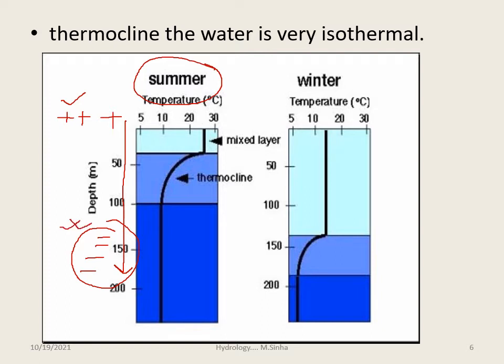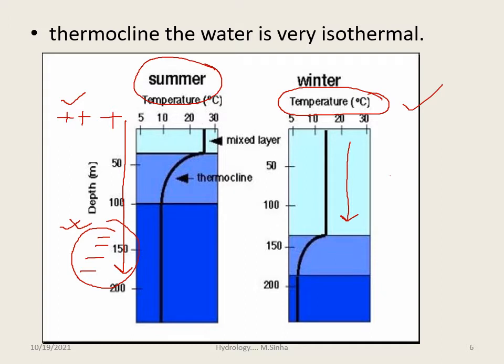So the contrast of the thermoclinal line is comparatively higher in summer. Okay, and the contrast of the thermoclinal condition is higher in summer. But in winter the topmost layer of the ocean receives lesser EMR. So temperature is high, but not so high like in summer, and gradually temperature falls with the increasing of the depth.